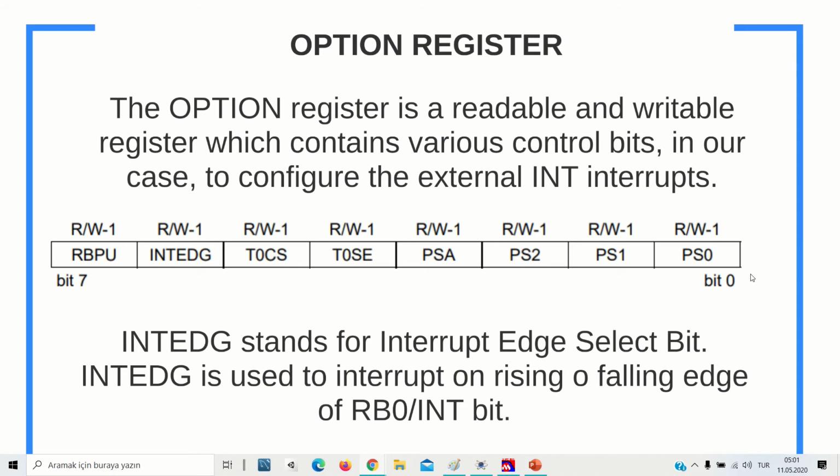This stands for the interrupt edge select bit. It is used to interrupt on the rising or falling edge of the RB0 external pin. That means if you want to select the rising edge, you should make it 1, or 0 for the falling edge.